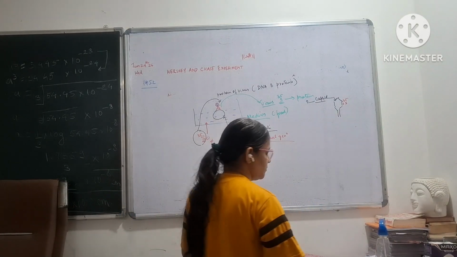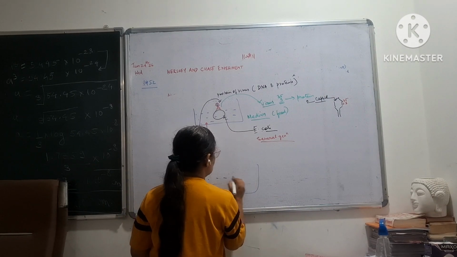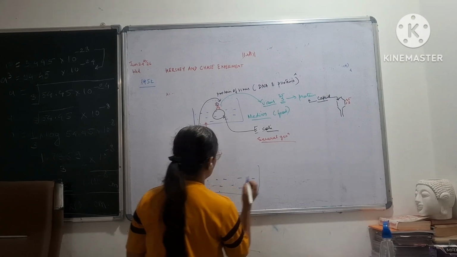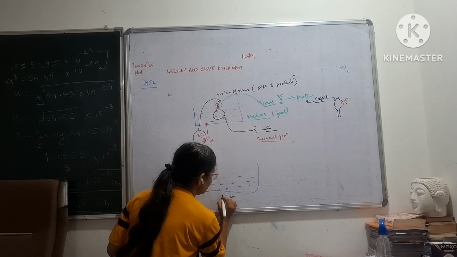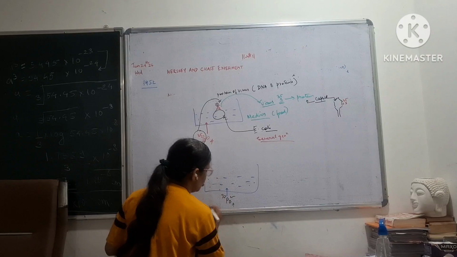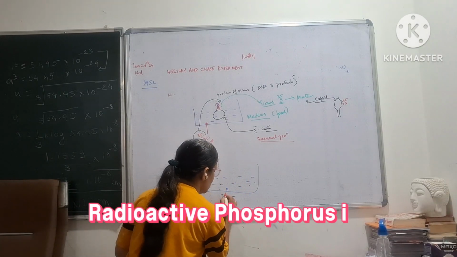In the second experiment, a parallel experiment, they again took a container containing a medium. In this medium they added phosphates. Now these phosphates had the isotope P32 instead of the normal phosphorus.